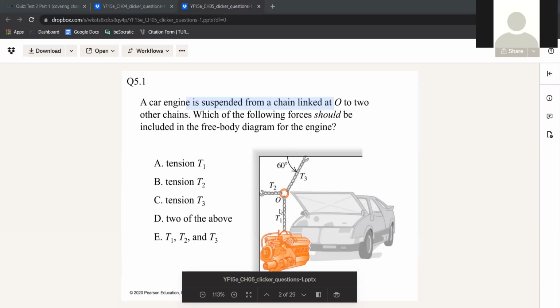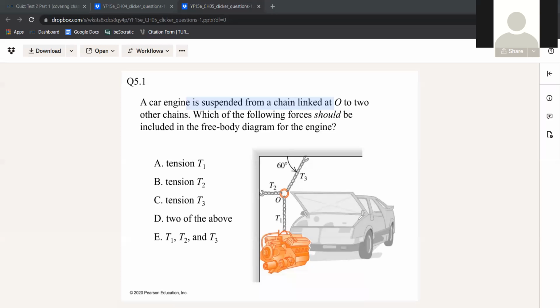So if we draw a free body diagram for that, we would just take into consideration T1, because it's the one being affected the most by the weight and direction, I would say. So that's what we're trying to explain.